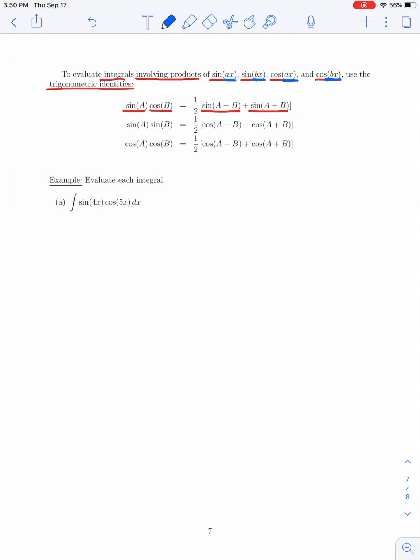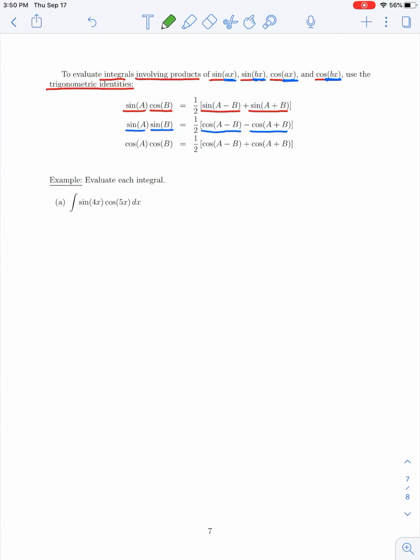If we're considering a product of two sine functions of different arguments, sine of a times sine of b, we could express this as 1/2 of cosine of the difference, a minus b, minus cosine of the sum, a plus b.